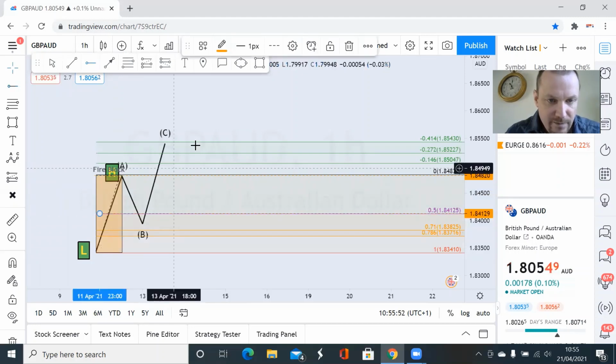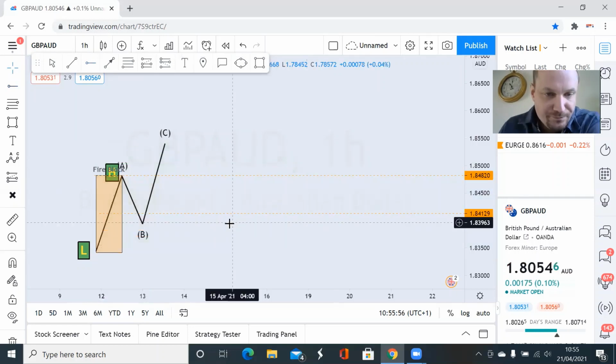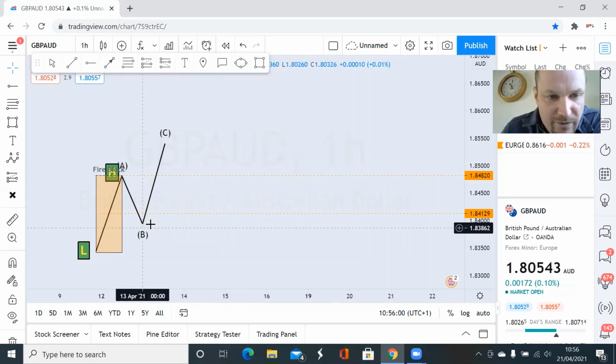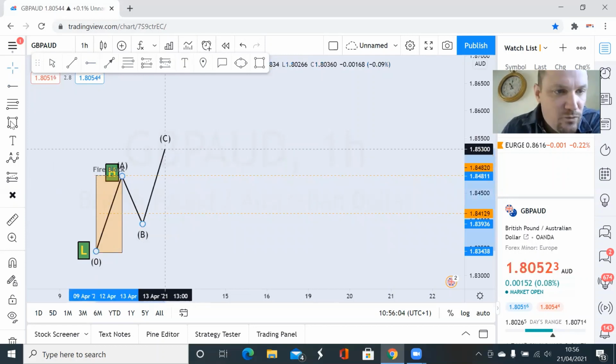Get rid of some of the noise and I'll explain why. Now, ignoring the retracements, we've had the breakout. This is what is important. This right here.